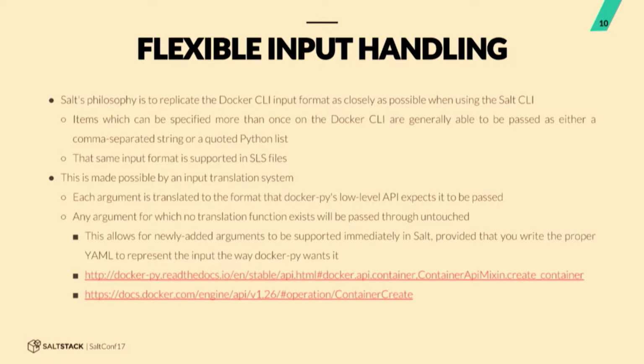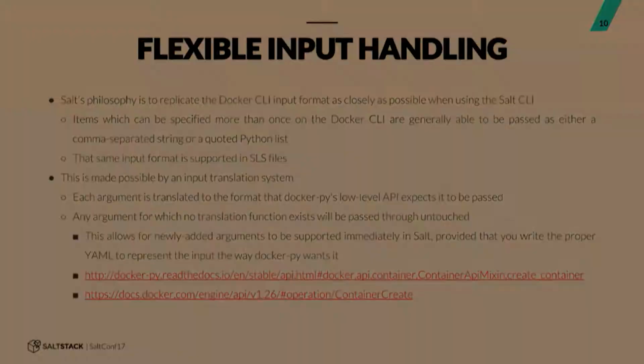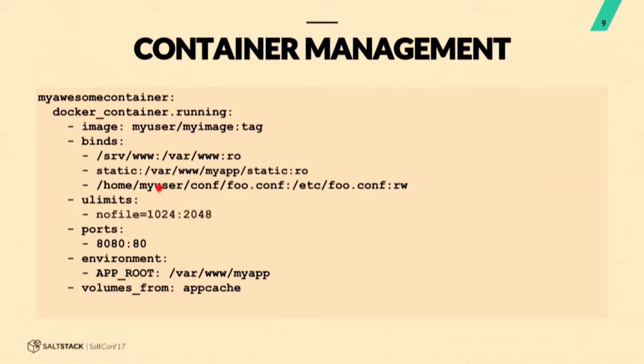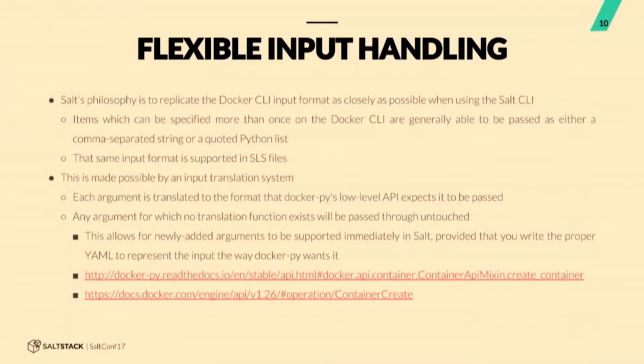Looking at the previous slide, let's go back for a second. You'll notice that these arguments look a lot like what you would see if you were using Docker on the CLI, and that's a conscious choice. We've tried to emulate the CLI syntax as closely as possible.